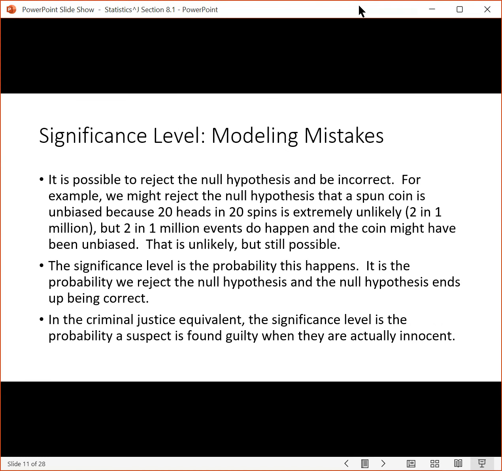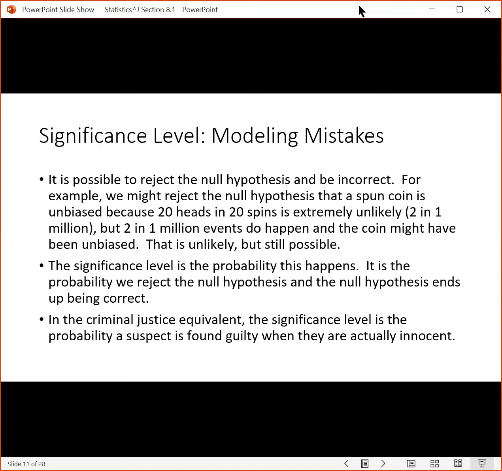All right, so significance level. It is possible to reject the null hypothesis and be wrong. For example, we might reject the hypothesis that a spun coin is unbiased because we get 20 heads in 20 spins. We say, no way, there's a 2 in a million chance of this happening, so there's no way this coin could actually have been fair.